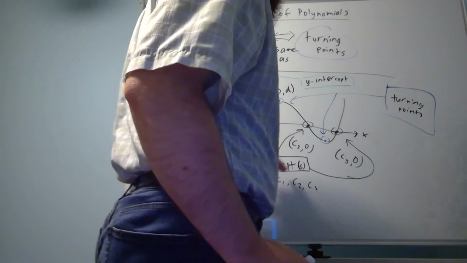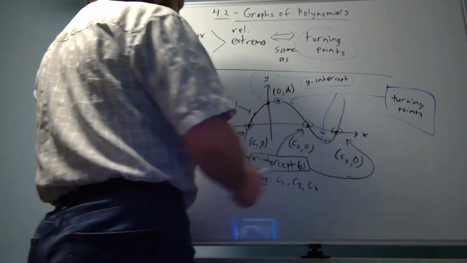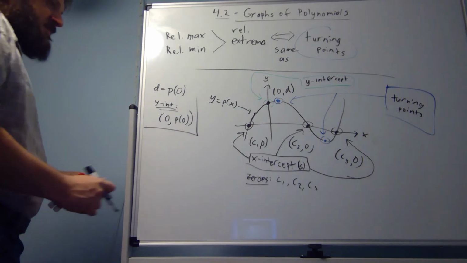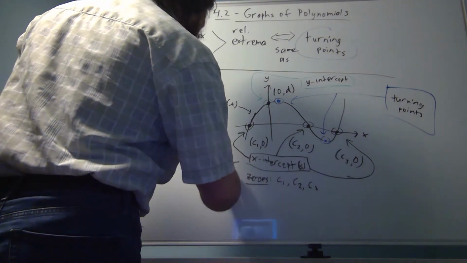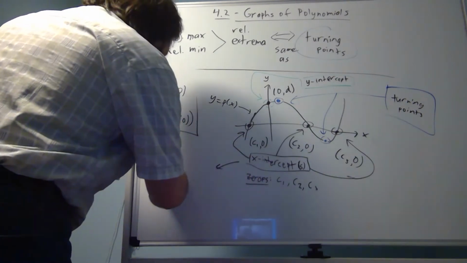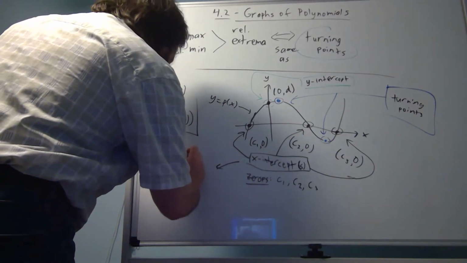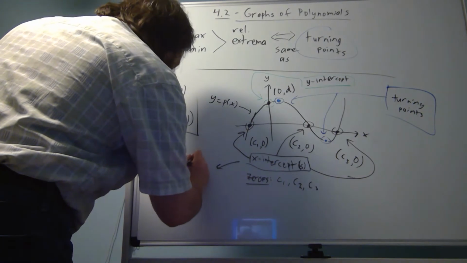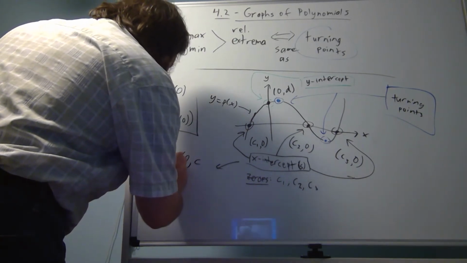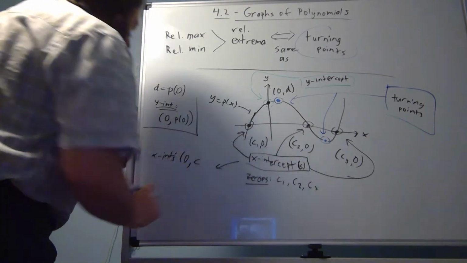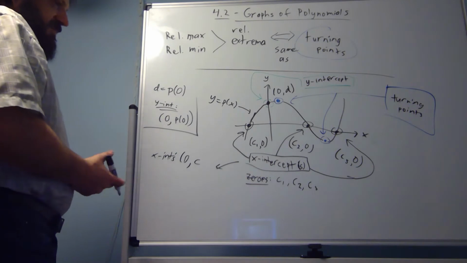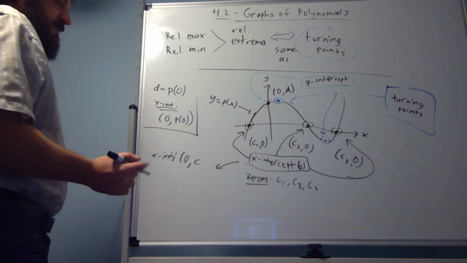So we got y-intercepts, the turning points, and then x-intercepts is the opposite. That means y is 0. So this is what we talked about, zeros and multiplicities. An x-intercept is an ordered pair. There might be none whatsoever. There might be several. There might be just one.